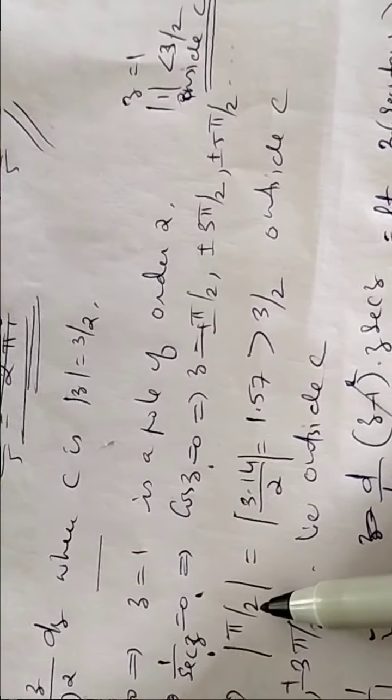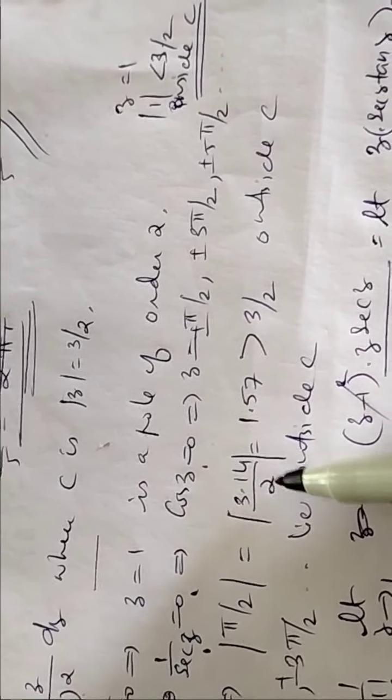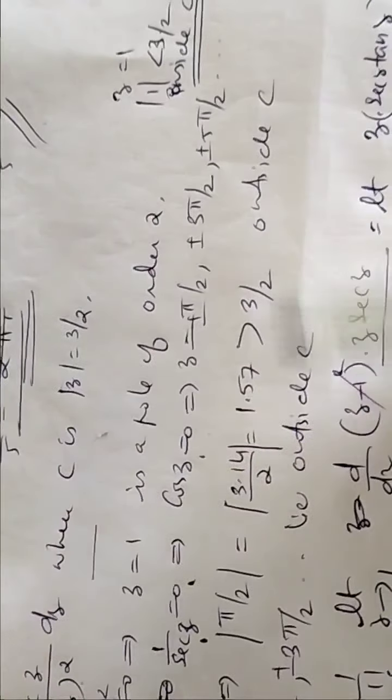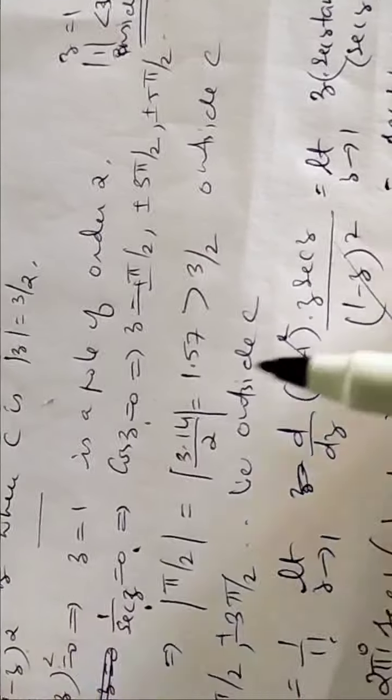So if z is pi by 2, what is mod pi by 2? Pi is 3.14, so it is greater than 3 by 2. It is outside, right? If pi by 2 is outside, then 3 pi by 2 will be outside, 5 pi by 2, etc. These points will all be outside C. So the only pole lying inside is z equal to 1.